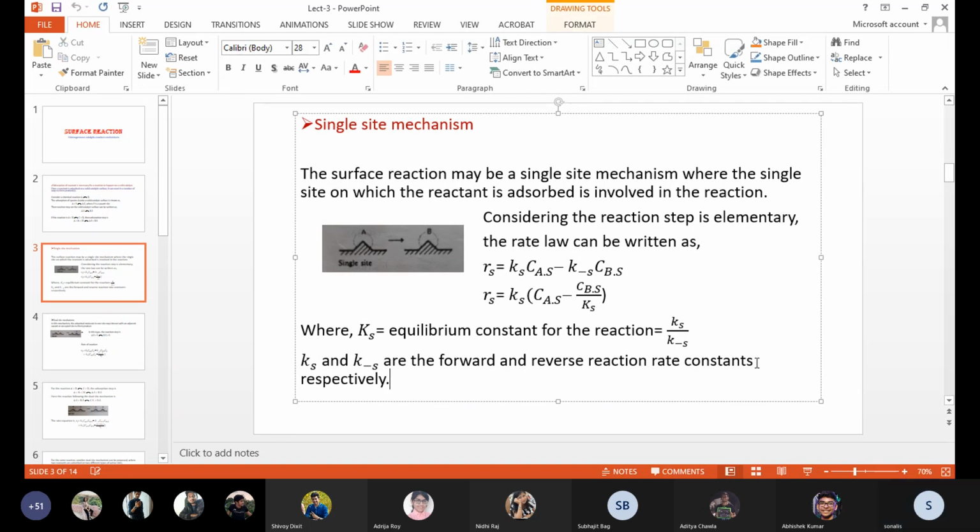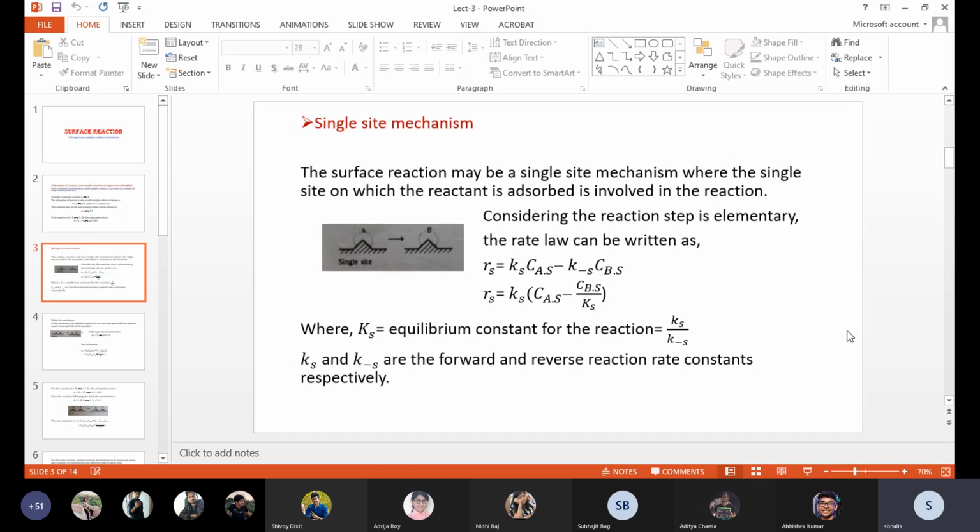Now, let us see what are the different types of adsorption mechanism on the catalyst active site. You may not say it is mechanism, you can say different ways, different routes of adsorption, different types of adsorption, rather.